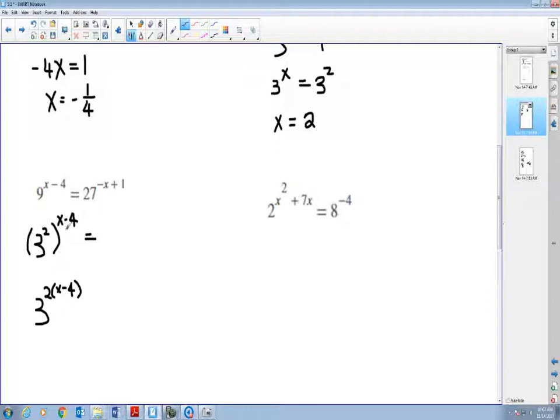Okay, so the 2 will multiply both terms in a minute. Alright, 27 is 3 to the 3rd power. So on the outside of 27, I have a negative x plus 1 power. So now, by using the power rule again, this is going to be base 3 to the 3 times negative x plus 1.